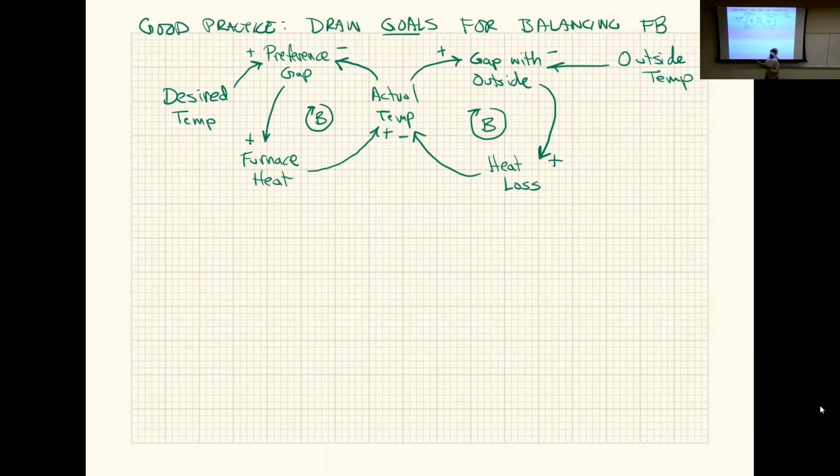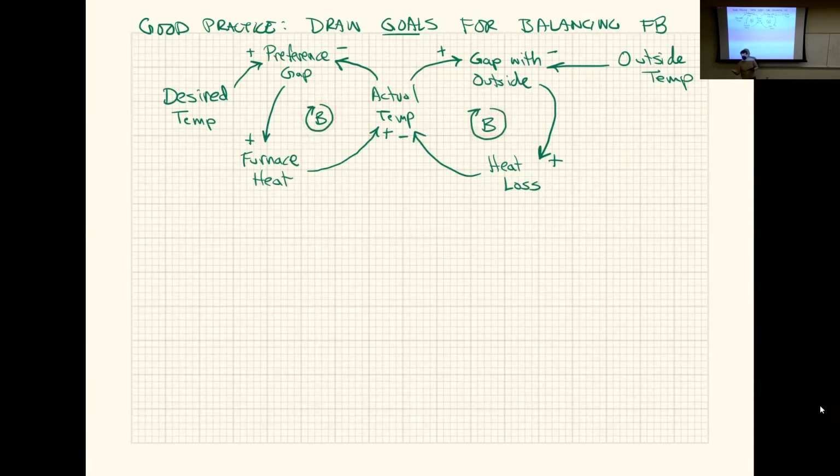And because of that, what's probably going to happen is that the actual temperature in my house will be stuck between those two goals. It will never actually make it directly to the desired temperature because there's always going to be some heat loss, but it's also going to be warmer than the outside temperature. And where the actual stable temperature falls is going to depend on how strong this loop is relative to this loop.